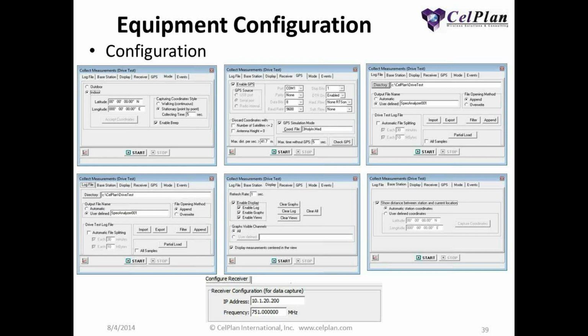First thing we need to do is equipment configuration. I will not go into details here, it's very extensive. Here are the screen captures of those configurations when we have to configure the hardware. Basically, of course, we have to configure GPS, the files, the events, and several other things.